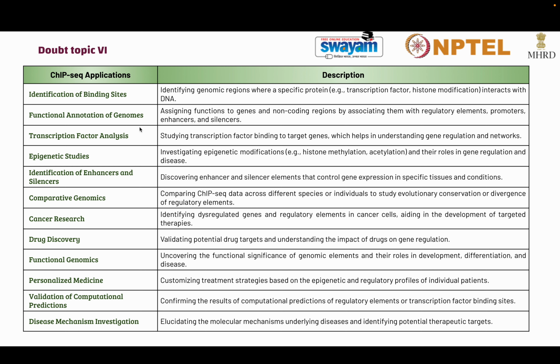You can go through this table and you'll be able to understand what ChIP-seq is. When we say ChIP-seq, we are dealing with the sequence of the DNA which is binding or interacting with proteins, and those proteins can be transcription factors or histones.